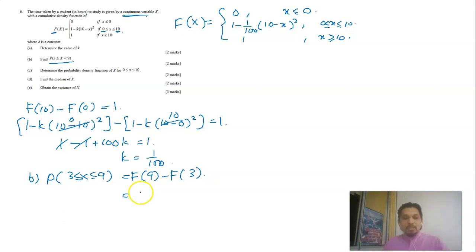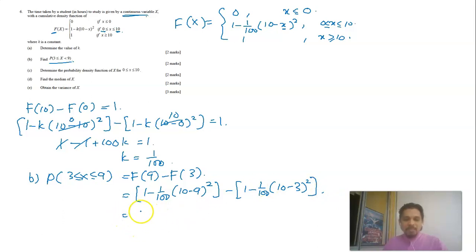So first, substitute x with 9: 1 minus 1 over 100 times (10 minus 9) squared, minus 1 minus 1 over 100 times (10 minus 3) squared.